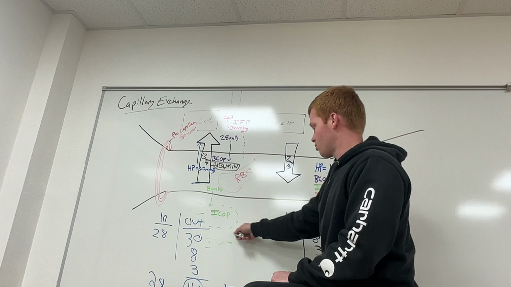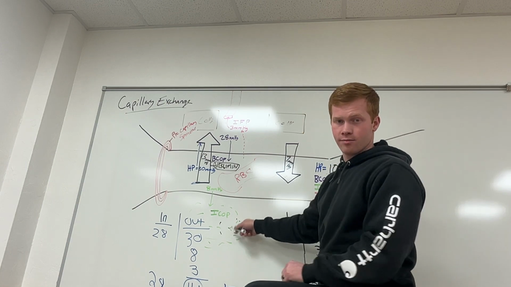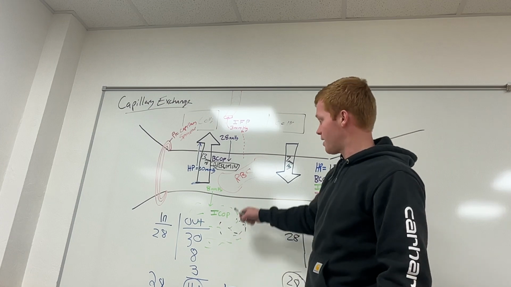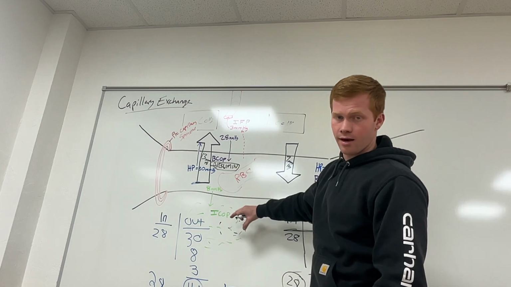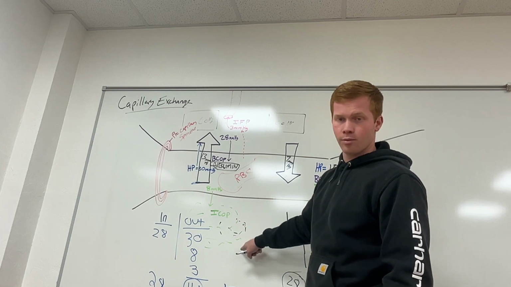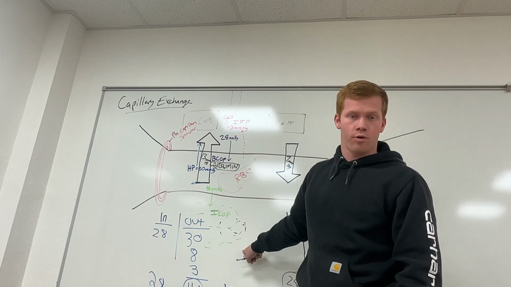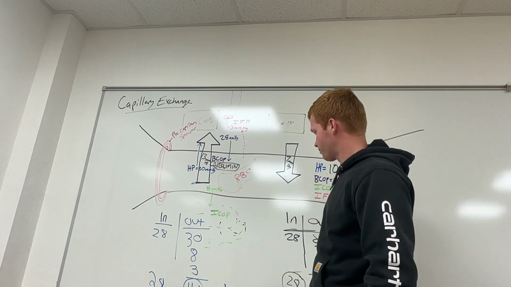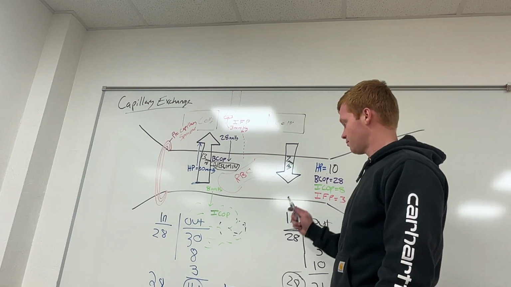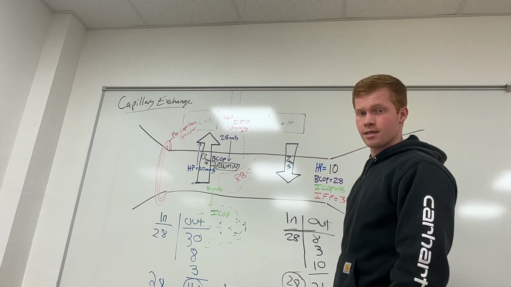If we have an increase in proteins, we have an increase in solutes on this side. So there's a higher concentration of solutes on this side. So water is going to come out to the area of higher concentration because the solutes can't go through, but the water can. So there's a buildup of water on the outside, a buildup of water in the interstitial fluid. That can cause edema that way.